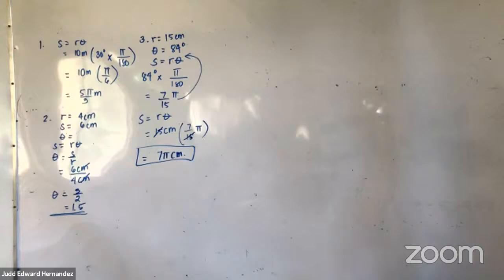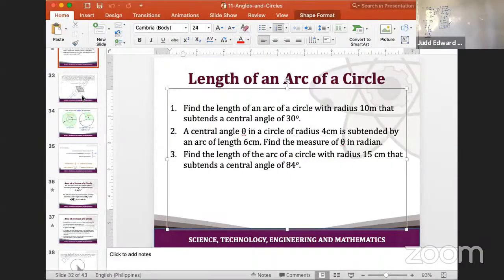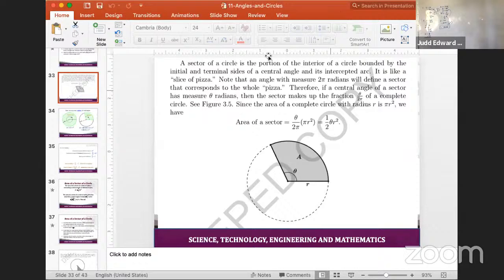Okay, so for the area, this is just the formula. The formula is 1/2 theta r squared. So yan lang po itatandaan natin for the area of the sector. Our formula is 1/2 theta r squared. So again, theta should be in, check natin kung in radians or in degrees pa rin siya. So for the area of the sector, A is equal to 1/2 theta r squared.